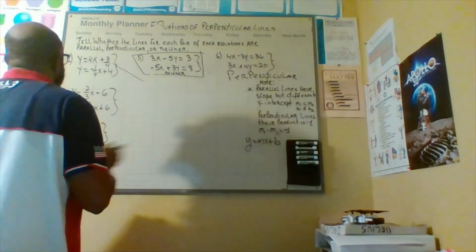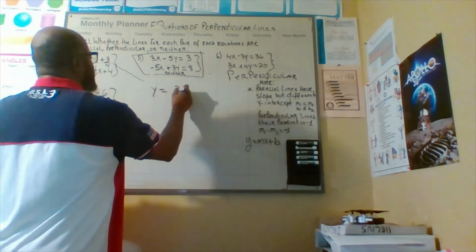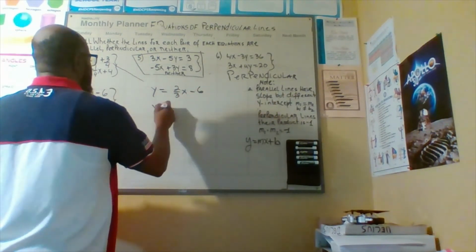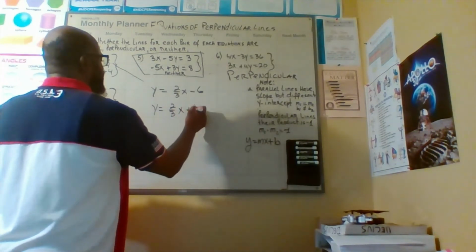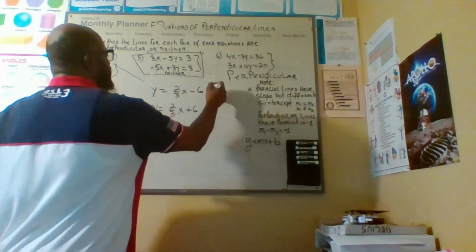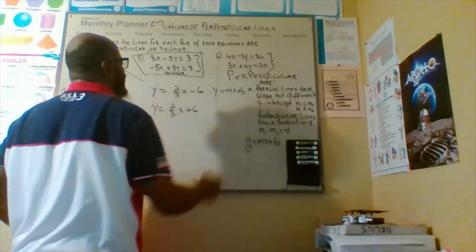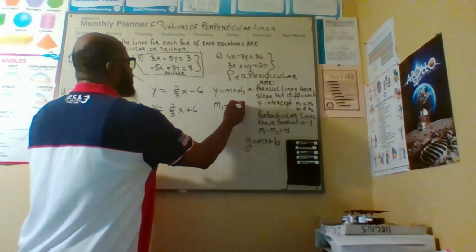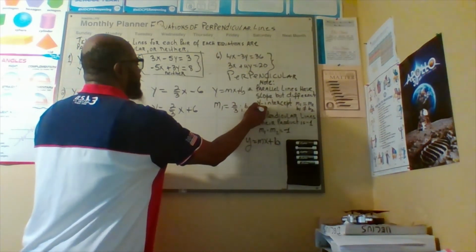Alright, we have this one. Y equal 2/3 x minus 6 and y equal 2/3 x plus 6. Those equations are in y equal mx plus b. You don't have to do anything. The slope for 1 is 2/3, and b1 is negative 6.